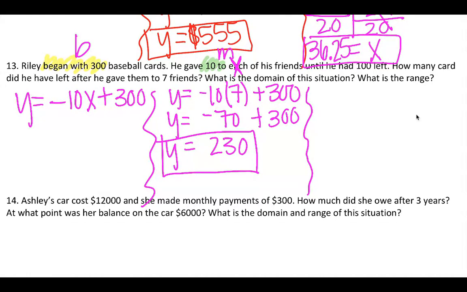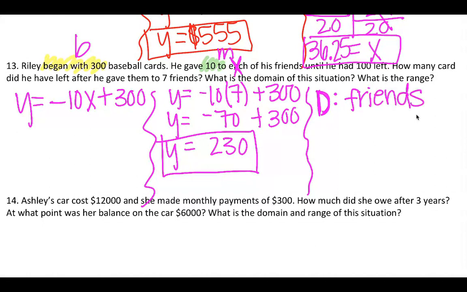Then it's asking for the domain of this situation and the range of this situation. So domain of this situation is talking about what? We've got cards and we've got friends, right? So domain is my x values. My x values are talking about the friends, right?